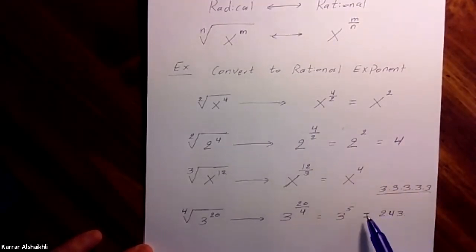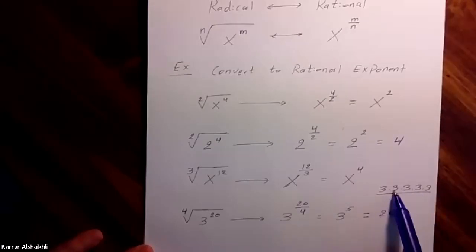See? 3 to the power 5 means 3 multiplied by itself 5 times, which is 243.